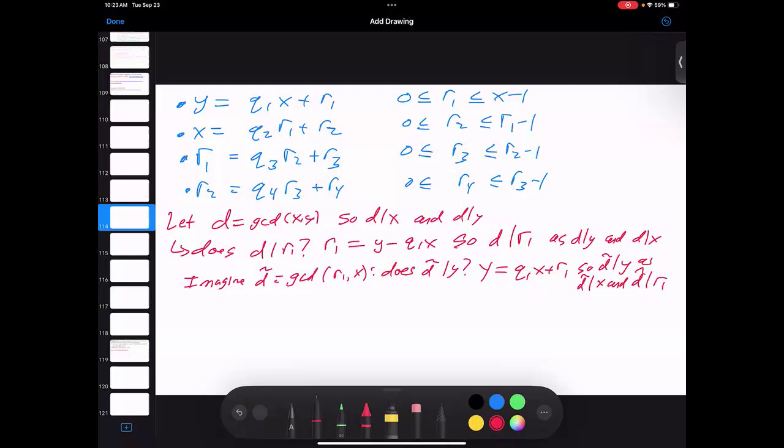So this means the greatest common divisor of x and y is the same as the greatest common divisor of R1 and x. So when I go from x and y to x and R1, I haven't changed the greatest common divisor. And then similarly, lather, rinse, repeat. The greatest common divisor of x and R1 is going to be the same as the greatest common divisor of R1 and R2. And so you get a chain.